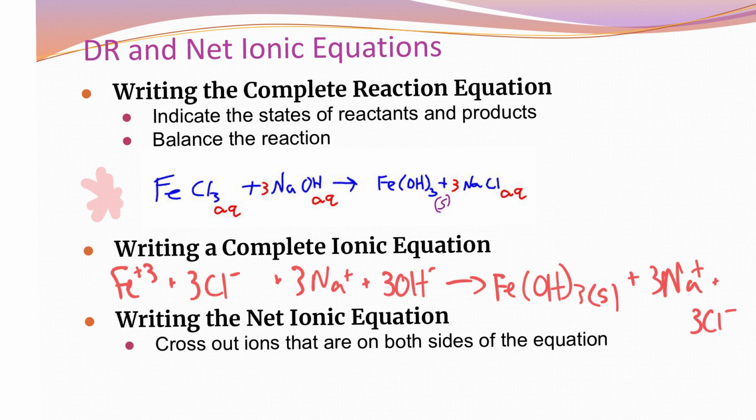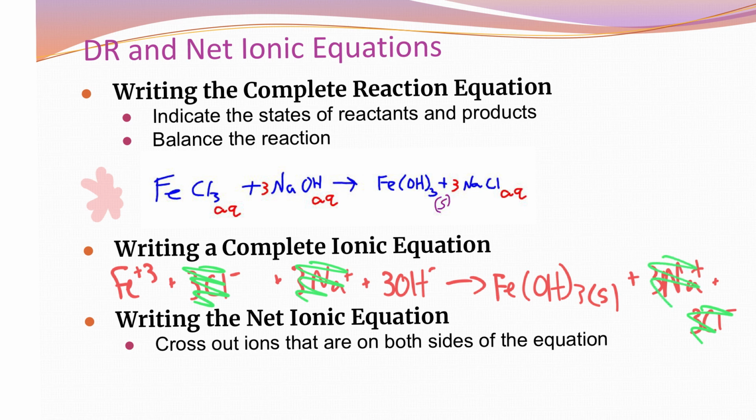Now what you want to do is cross out the ions that are common on both sides. I see chlorine on both sides, and I see sodium on both sides, so we're going to cross those out.